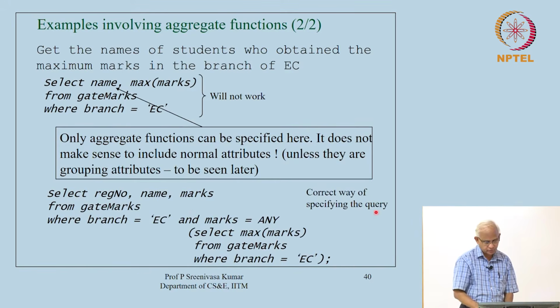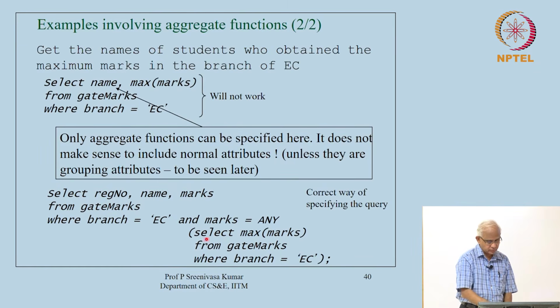So, the correct way of specifying this query is: select registration number, name, marks from this GATE marks relation, where branch is EC because you are interested only in EC students, and marks of the student in the tuple is equal to what? This is a subquery that is computing the maximum marks again in branch EC.